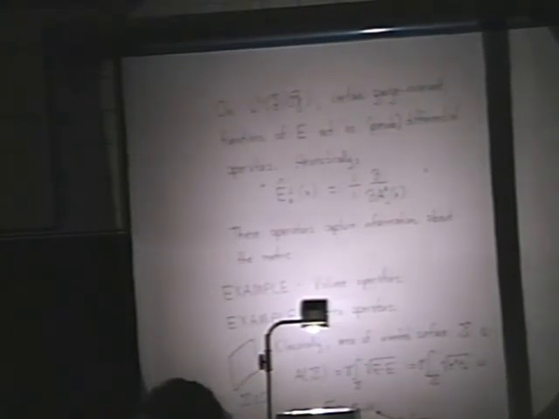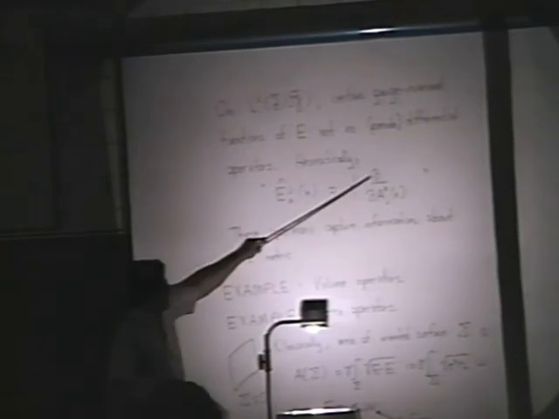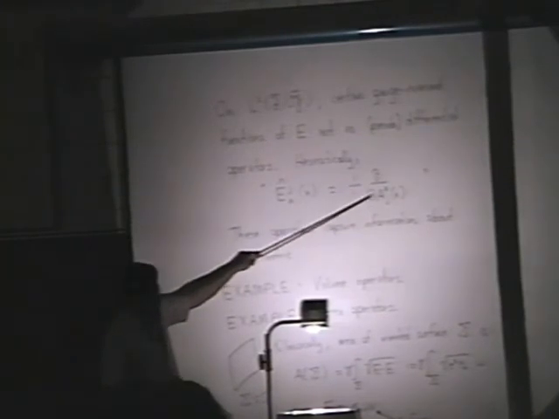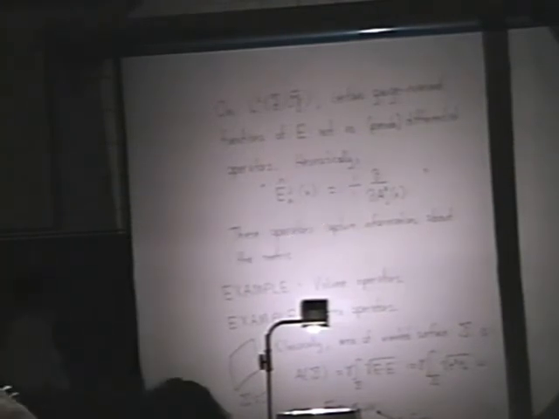So heuristically, just like momentum gets turned into the operator 1 over i d/dx when you're studying the point particle, you expect that E, when it gets promoted to being an operator on this space, or actually on L2 of A bar, would be 1 over i times this functional differentiation with respect to the connection. So using that heuristic recipe, you can in fact turn various functions of E into well-defined operators on this space.